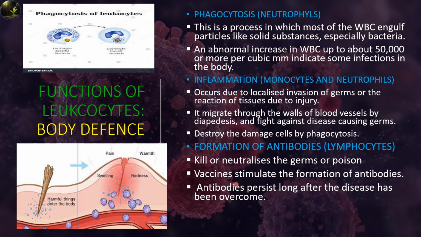Vaccines stimulate the formation of antibodies. Through vaccination, antibodies are produced in our body. WBCs produce antibodies. Then antibodies persist long after the disease has been overcome, so we get immunity power when we get vaccination.